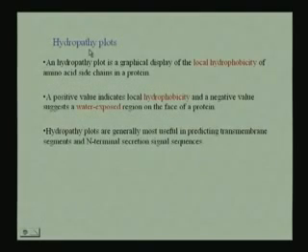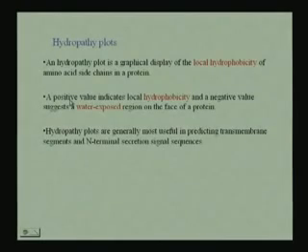This is what is called a hydropathy plot. What is a hydropathy plot? It is a graphical display of the local hydrophobicity of the amino acid side chains in a protein. And why do I want to do that? Remember, I showed you a table, which I'll show you again, which gives you the hydrophobicity values of different amino acid residues.